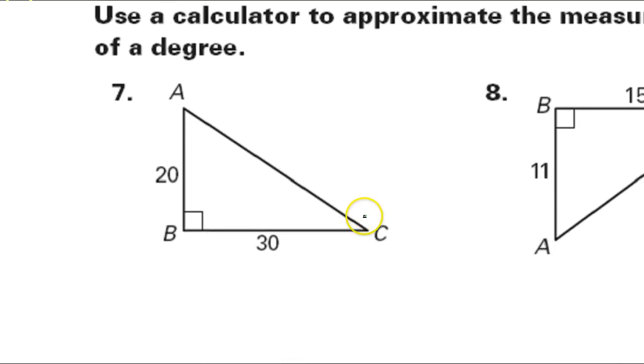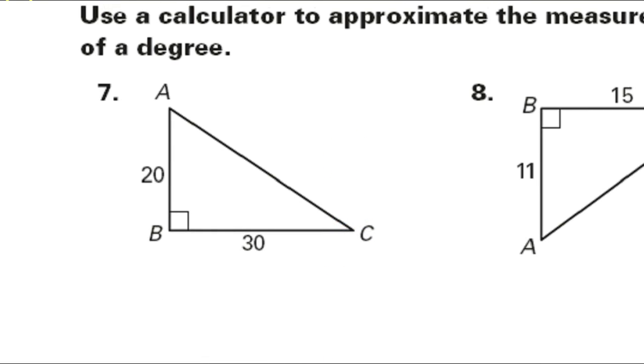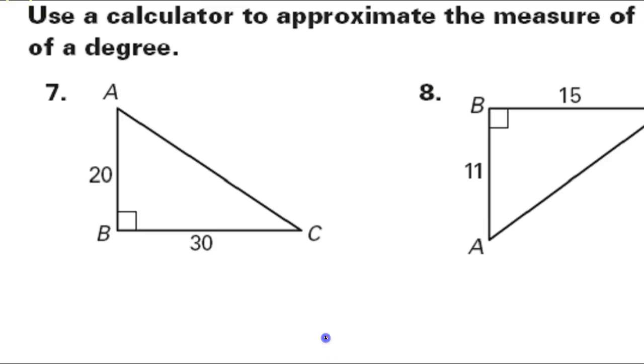Now, for the main part of this video, I want to show you how to use tangent, sine, and cosine to find unknown angles. So here's the key. If you want to find an unknown angle, and you're not given any angles, you're going to need to use inverse trig functions.